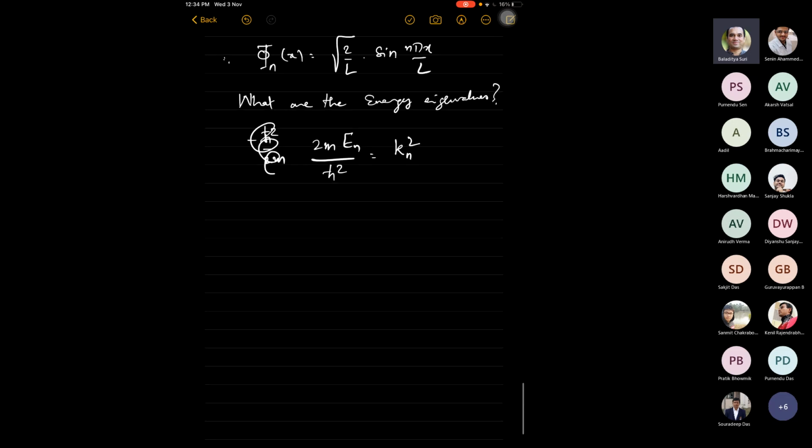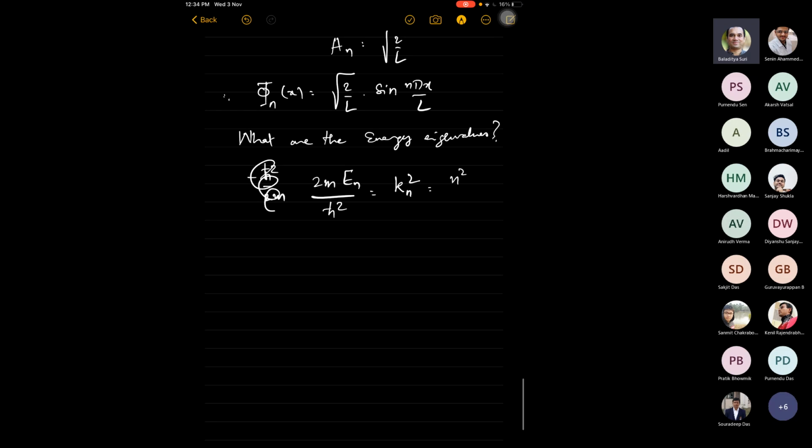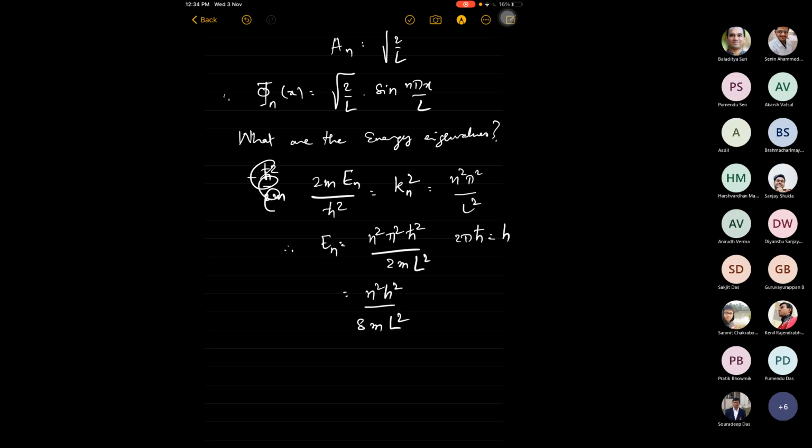So we now have kn squared, and kn squared is n squared pi squared by L squared. Therefore, the nth energy level will be n squared pi squared h cross squared by 2m L squared. If you note that 2 pi h cross is h, you get n squared h squared by 8m L squared. So En is n squared h squared by 8m L squared.